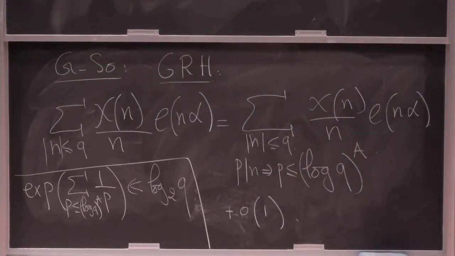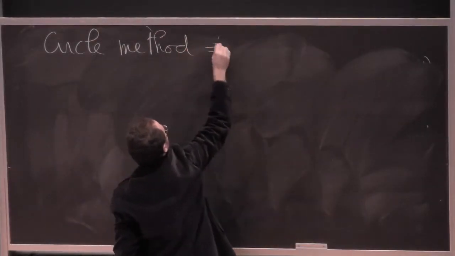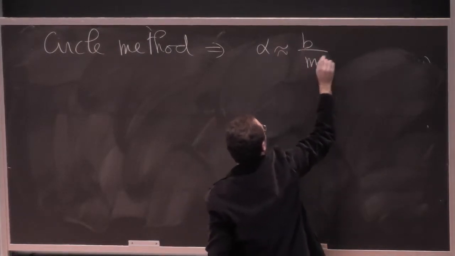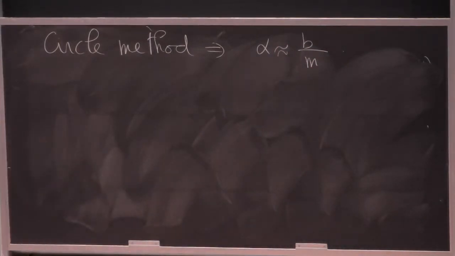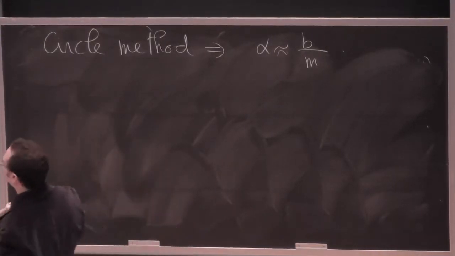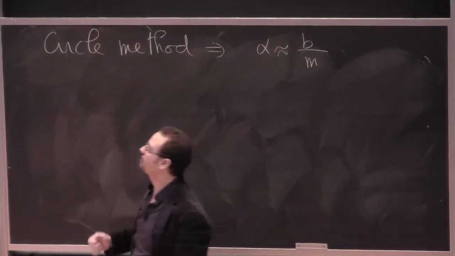So the circle method tells you that you should take alpha very close to a rational. Before elaborating more on this heuristic, which in fact can be turned into a rigorous proof, let me just take alpha to be a rational and see what the exponential sum will be.